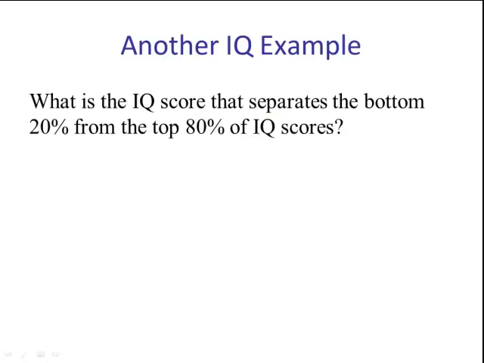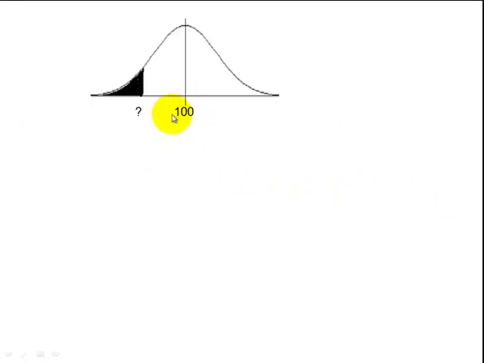Let's look at another example. What is the IQ score that separates the bottom 20% from the top 80%? Now, this is the same thing as saying what is the 20th percentile. Okay, our first step, we draw a picture. In this case, the score is going to be less than 100 because this is the 50th percentile.